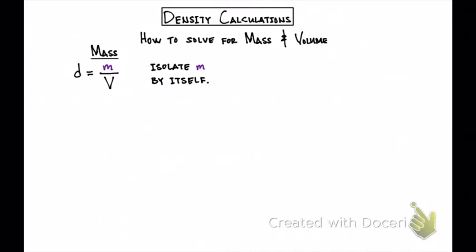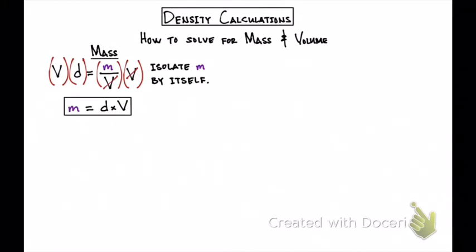And in order to do that, you multiply both sides by volume. When you look at the right-hand side of the equal sign, you can see that the volumes cancel each other out. If you clean this up a little bit, mass is equivalent to density times the volume.